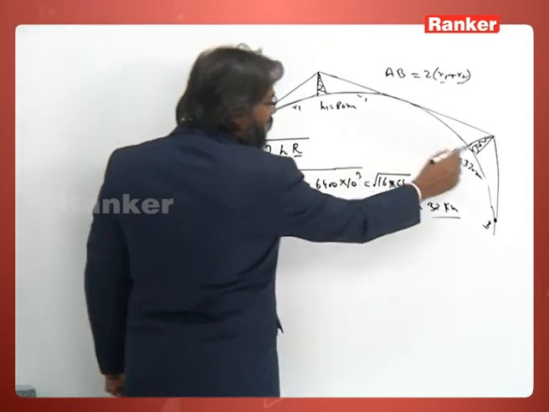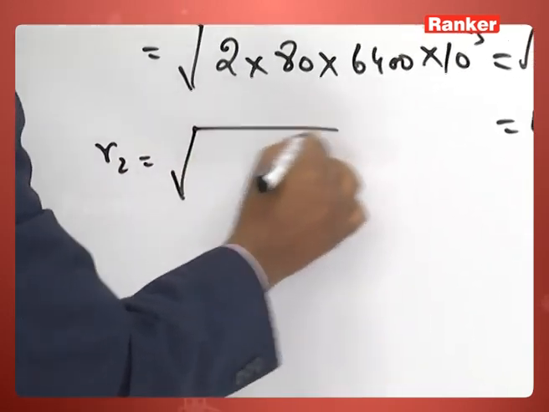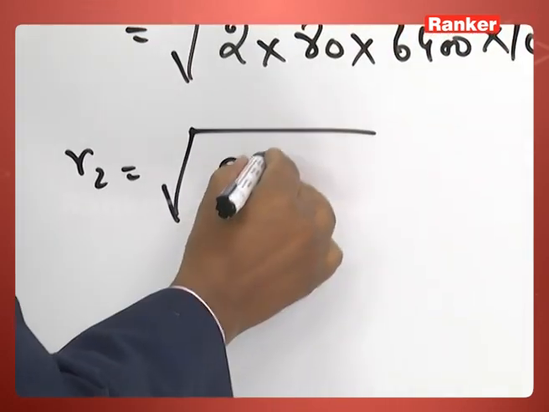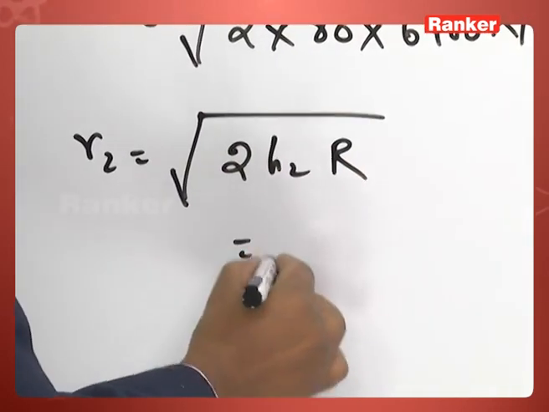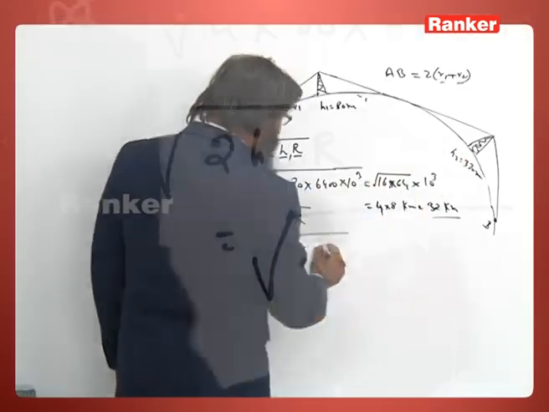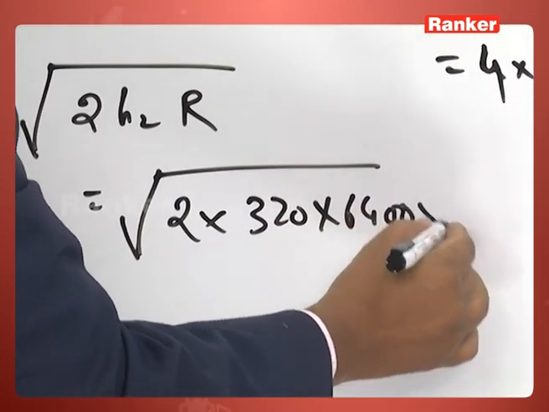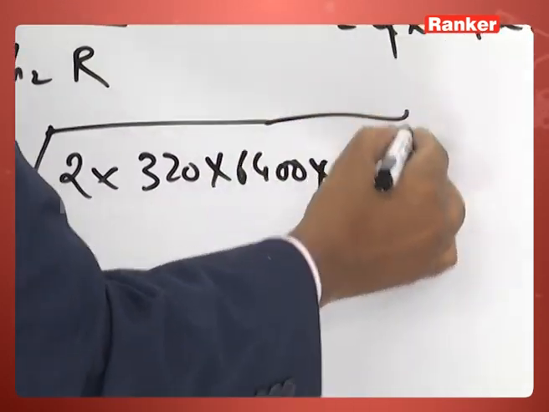Similarly, we can find the range of this tower H2 as under root 2 H2 R. So root over 2 times this height H2, which is 320 meters, 320 into 6400 into 10 to the power 3.